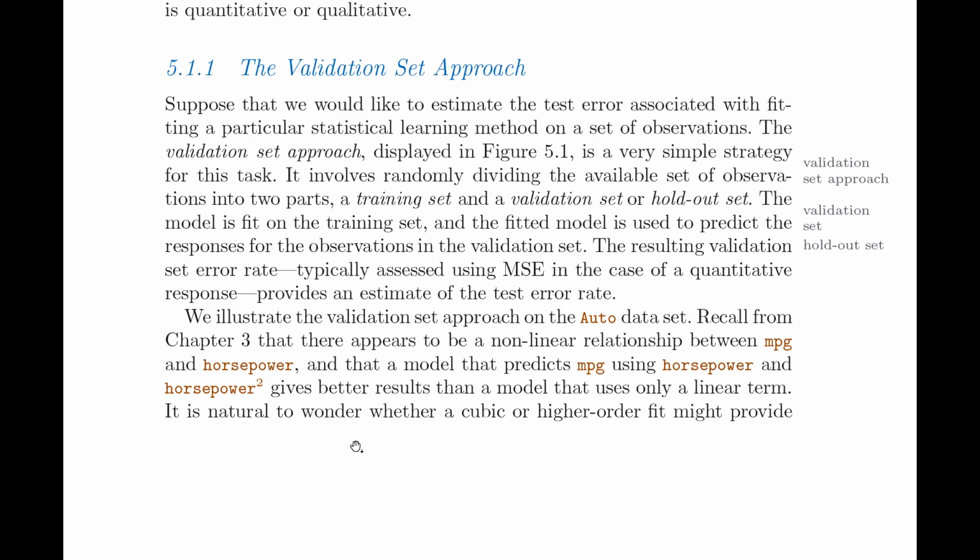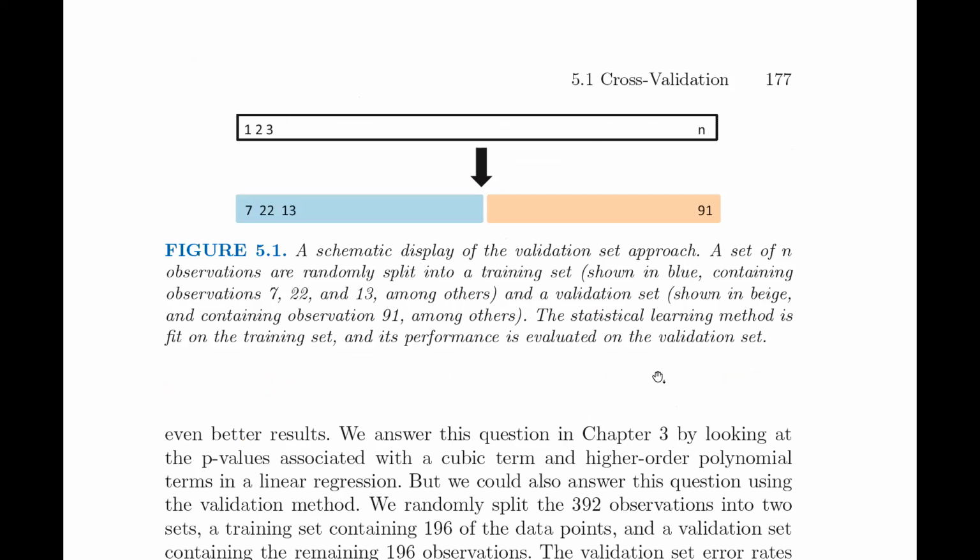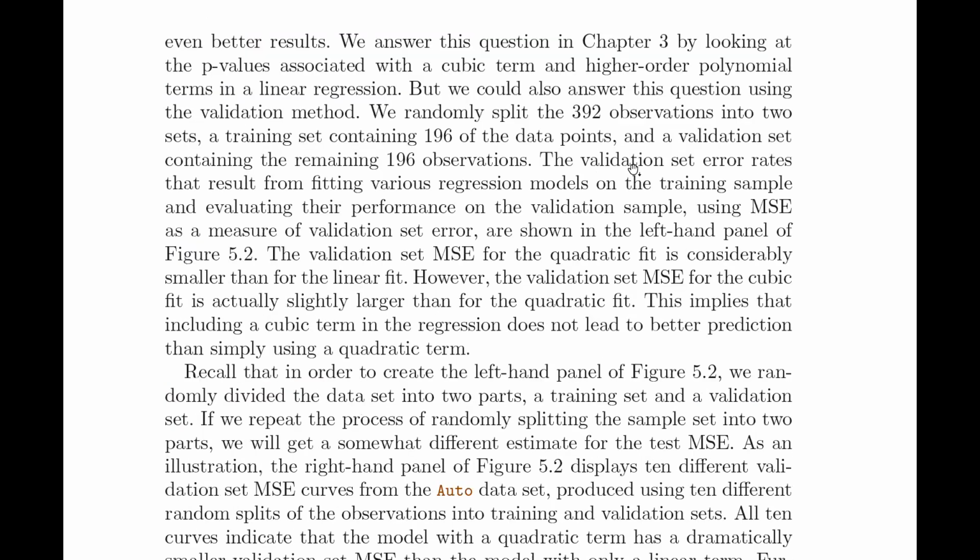It is natural to wonder whether a cubic or higher order fit might provide even better results. We answer this question in chapter 3 by looking at the p-values associated with a cubic term and higher order polynomial terms in a linear regression.